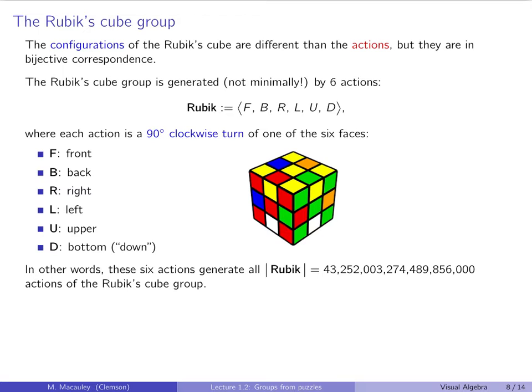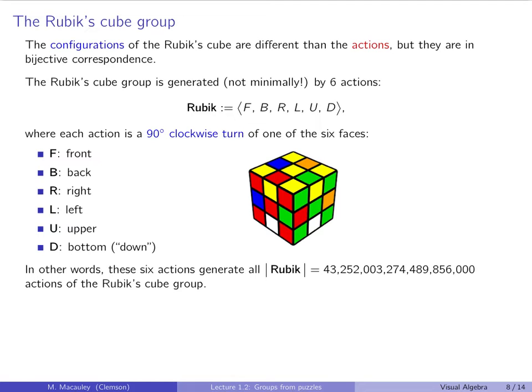Ever since its invention in the 1970s, the Rubik's Cube has not only attracted the general public, and especially puzzle enthusiasts, but also mathematicians who have asked a number of questions about the mathematical properties of the cube. And one of these is, what is a minimal or minimum generating set? It turns out that this is not minimal. This is an example where we don't necessarily want to use a minimal generating set.